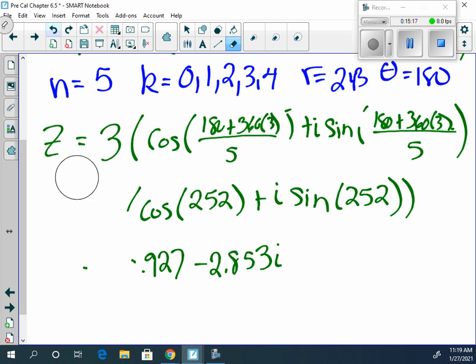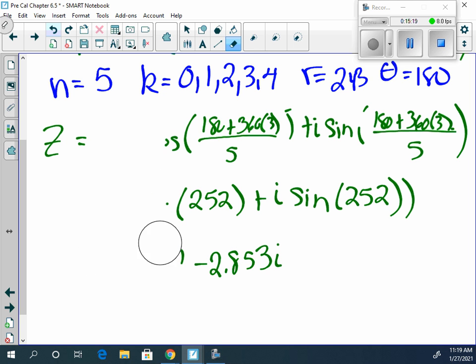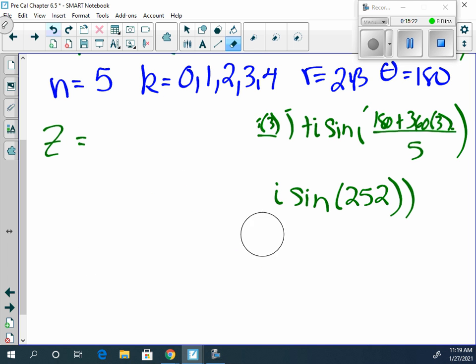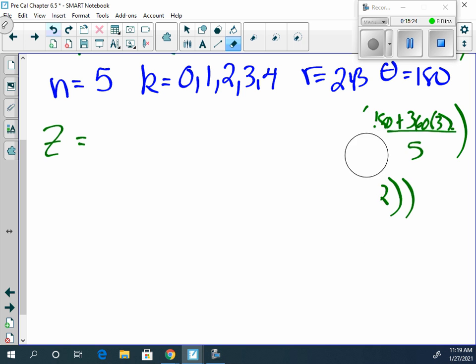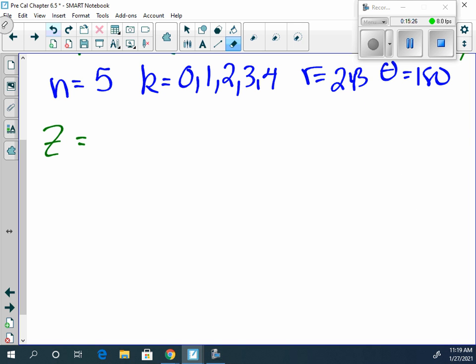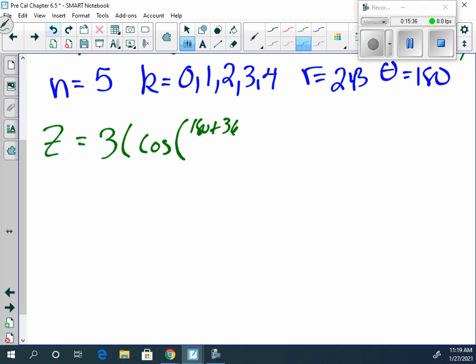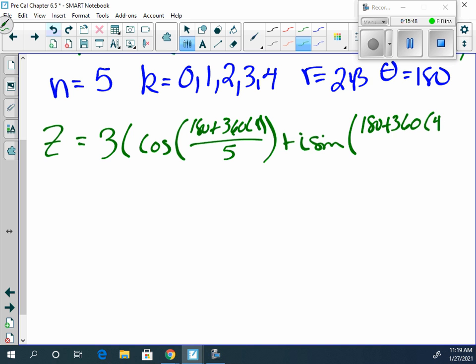Now, that's what we should get. And I erased way too much, but that's okay. Because this time we'll have cosine of 180 plus 360 times 4 divided by 5 plus i sine of 180 plus 360 times 4 all over 5.